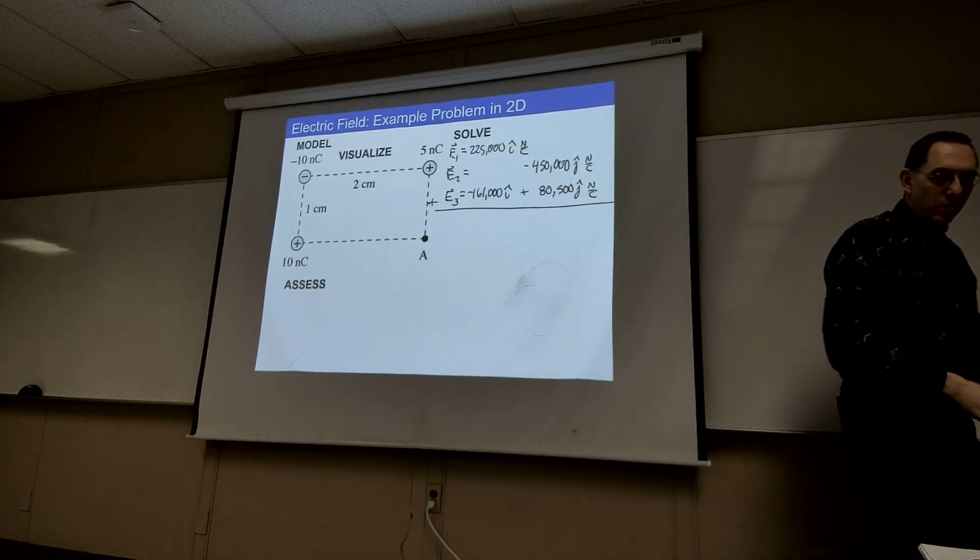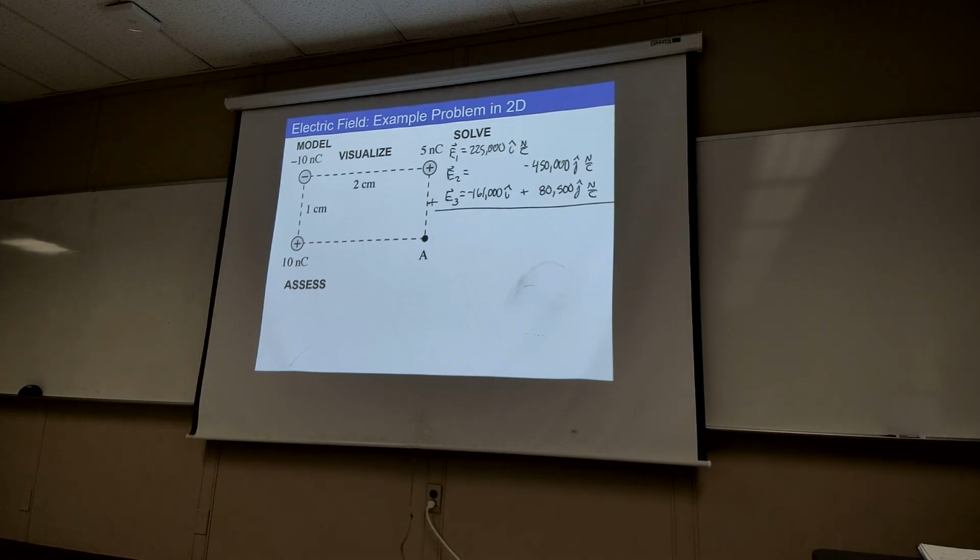Okay. So let's see. When I did that, I got the following. I got E net to be 64,000 i hat, and I got negative 369,000 or so j.